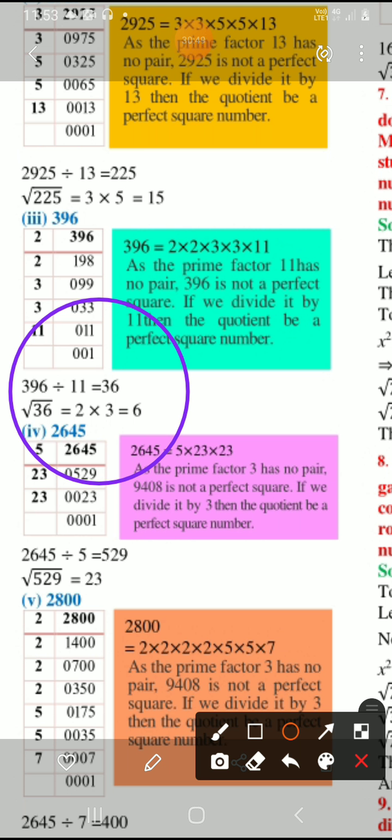So the square root of 36: 2 pairs have come, what are they, 2 and 3. So written 2 into 3, that is 6. Okay, so in this way we are going to solve these problems.